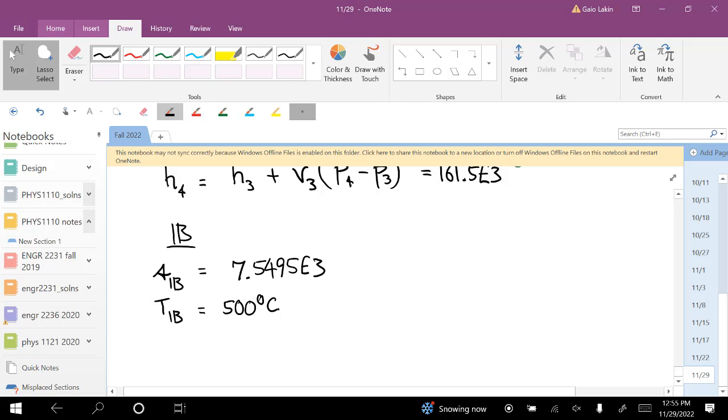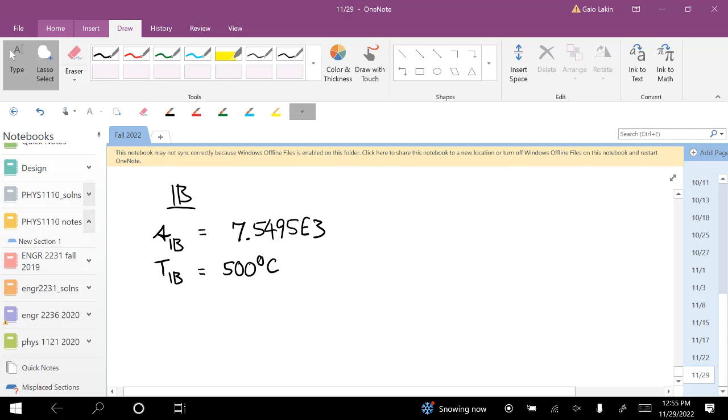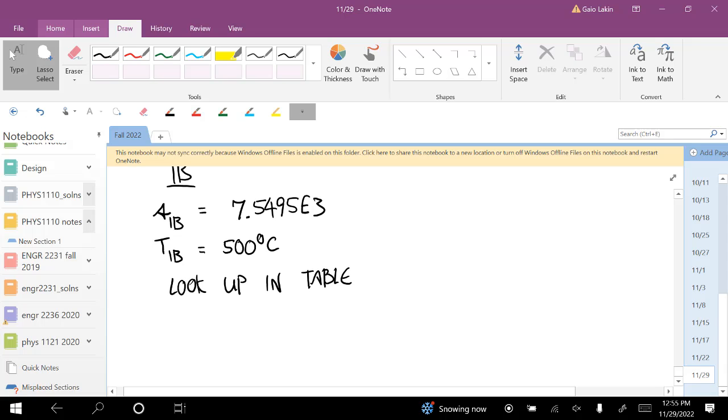That's two properties, so we can do a reverse lookup on that. And what you see in this case is that the pressure has to be 1.5 times 10 to the 6 pascals.